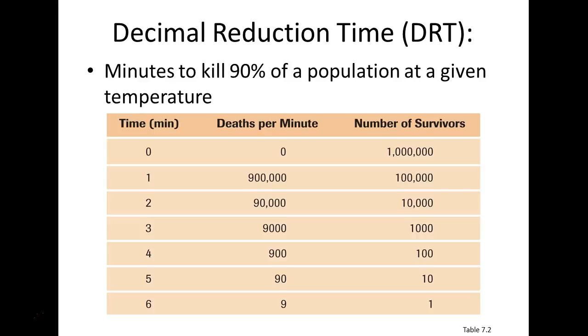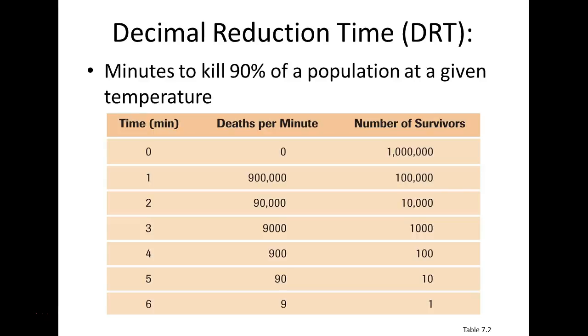So we start with 1,000,000, 90% die per minute, so in this case the decimal reduction time is 1 minute, because that's how long it takes to kill 90% of the population. After 6 minutes, we should theoretically at least have one survivor. How many survivors after 7 minutes?